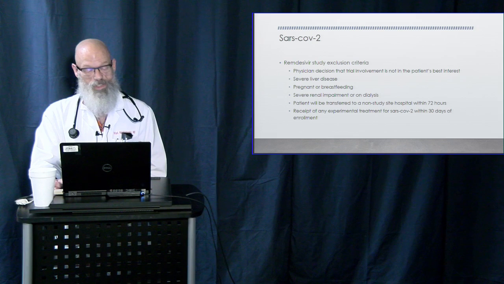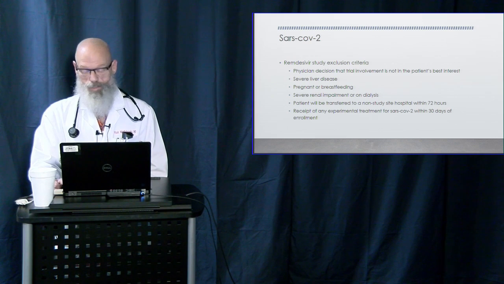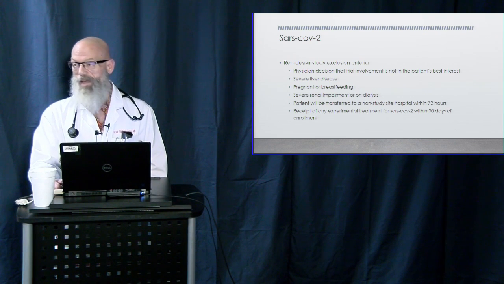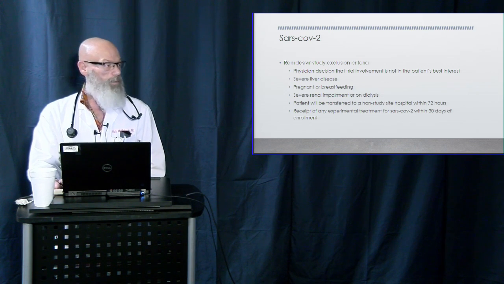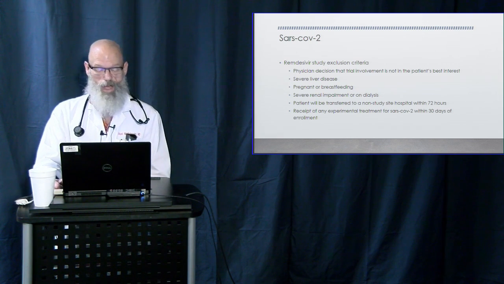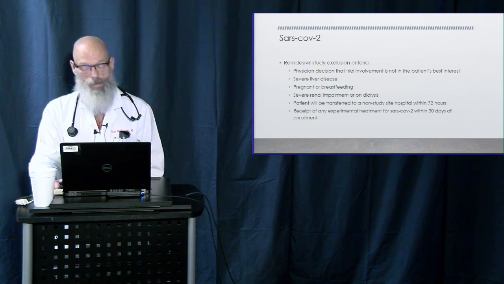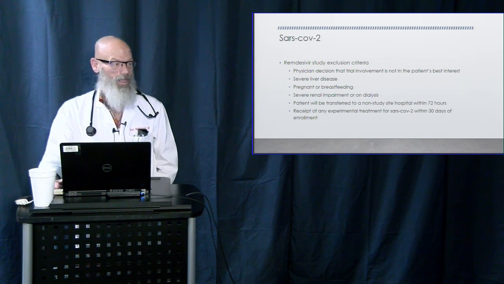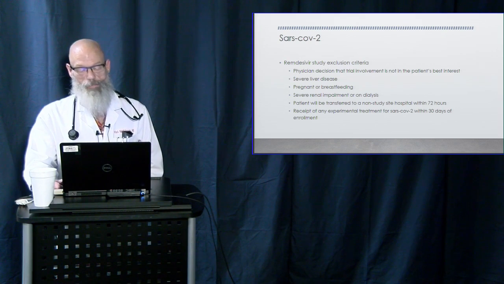There are also, of course, exclusion criteria. The physician has the decision-making capability to say that participation in the trial is not in the patient's best interest. If the patient has severe liver disease, they're not going to qualify. If they're pregnant or breastfeeding, they're not going to qualify. Patients with severe renal impairment or dialysis patients are not going to qualify.